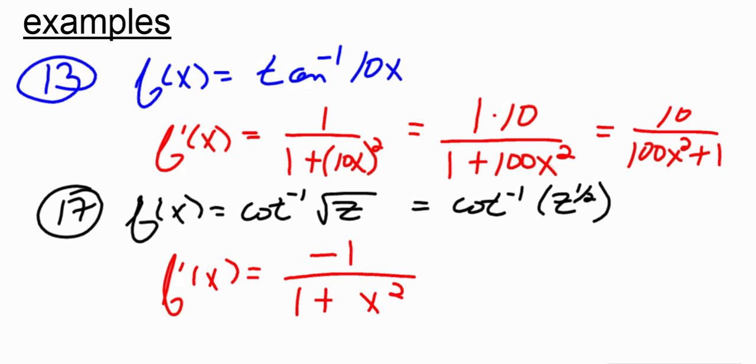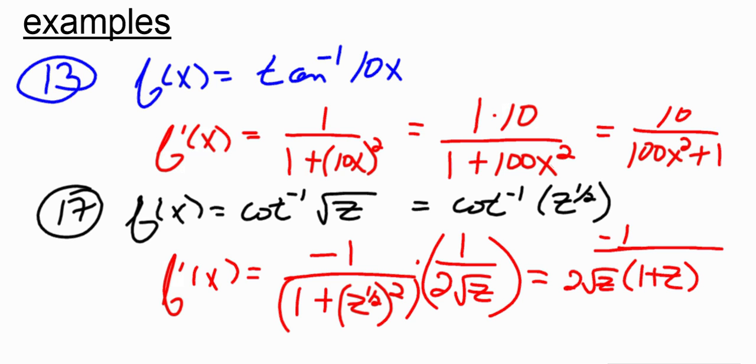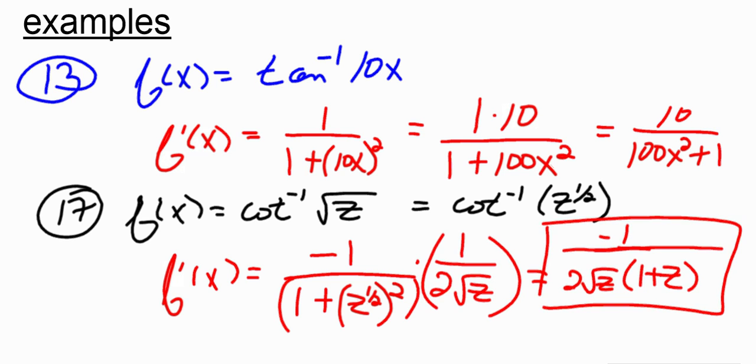But in this case, I don't have just the x. I have my special case where it's z to the 1/2. Then I have to multiply by the derivative of z to the 1/2, which is 1 over 2 times the square root of z. If I simplify this expression, I have a -1 over 2 times the square root of z times the quantity 1 plus z. And this is my final derivative.